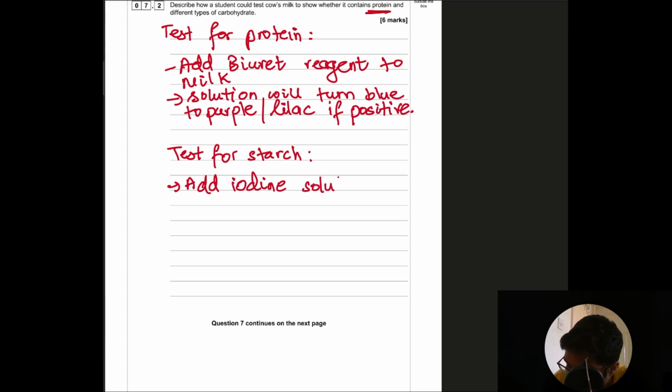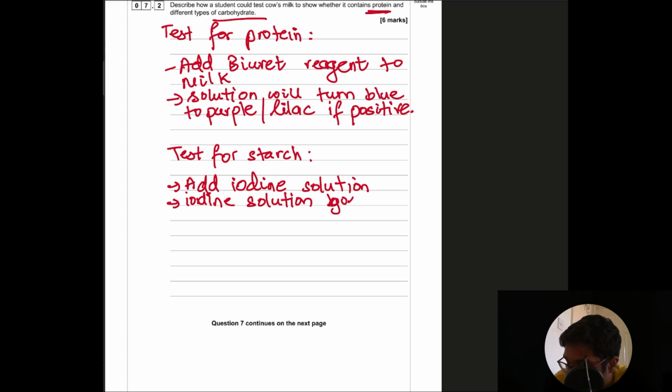Remember, starch is also a carbohydrate. That's why we're testing for starch, because it's a carbohydrate. Add iodine solution, and the iodine solution would go blue-black. To be more specific, the color change would actually be from brown to blue-black.